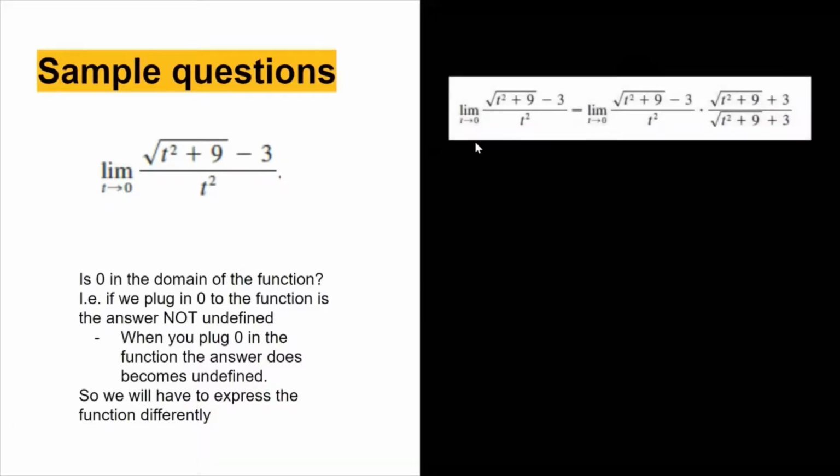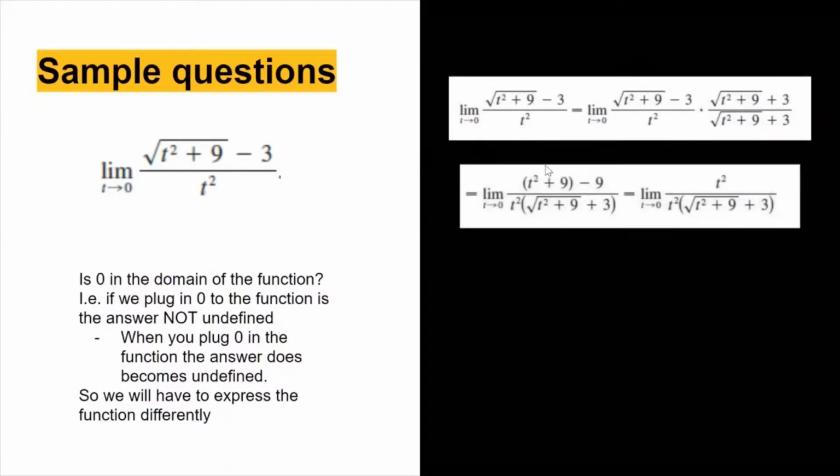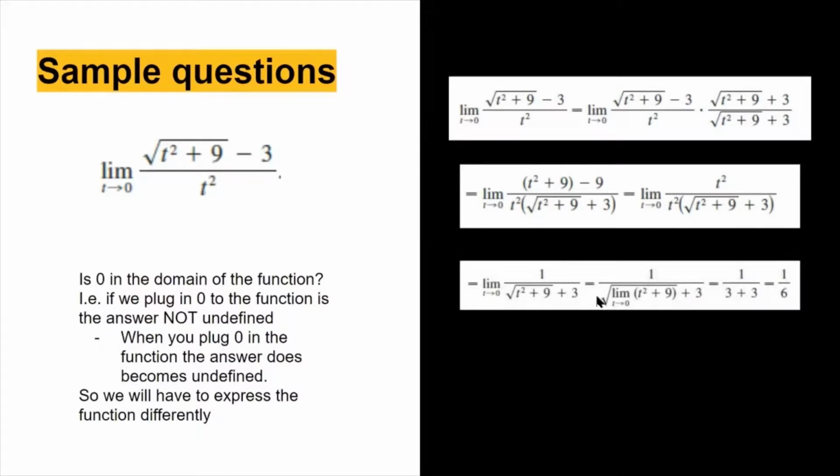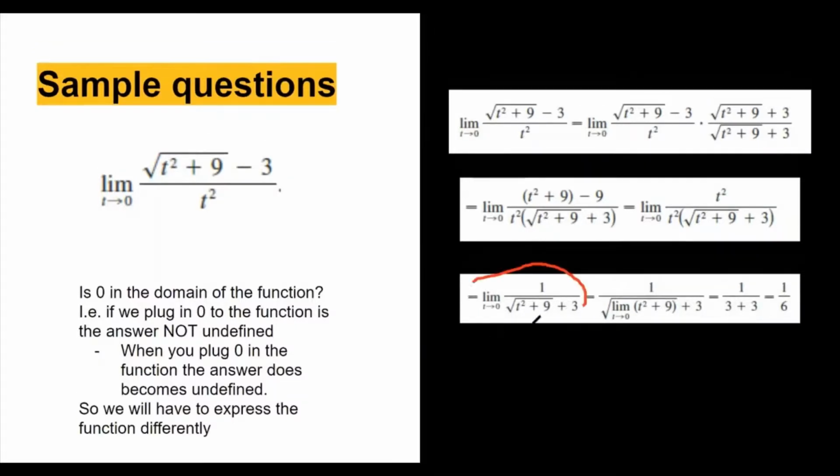In this case, we can rationalize the function. On doing that, we get these terms where the 9 and 9 cancel each other out, the t squared and t squared cancel each other out, and eventually we end up with this term. Now, if you look carefully, we can actually substitute t in this term.